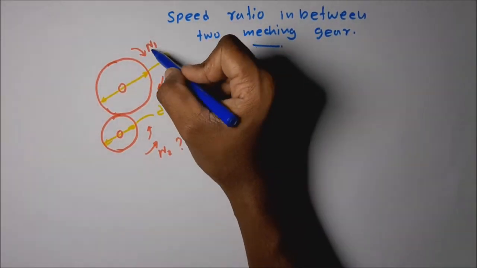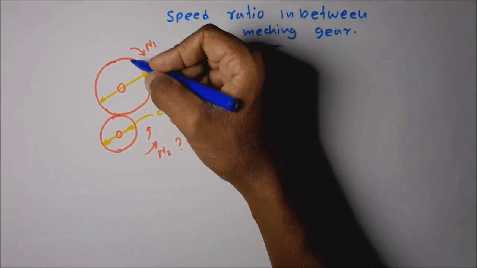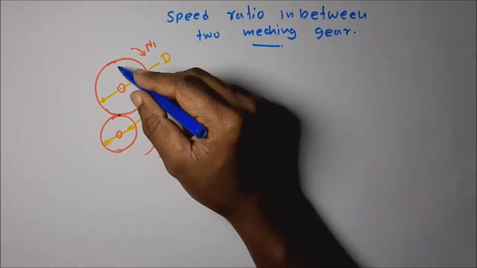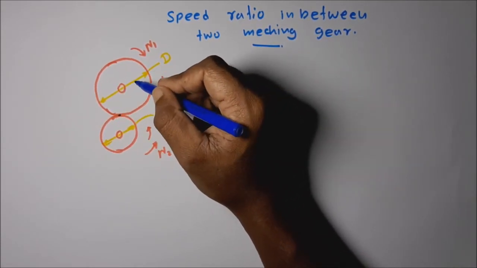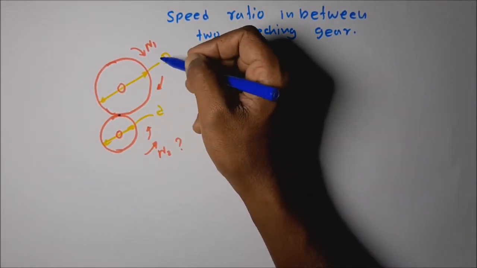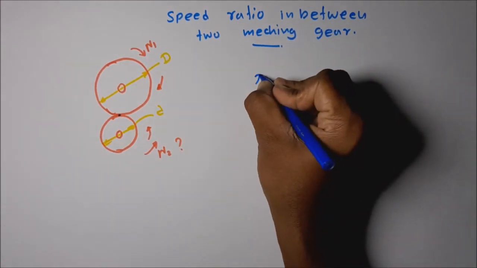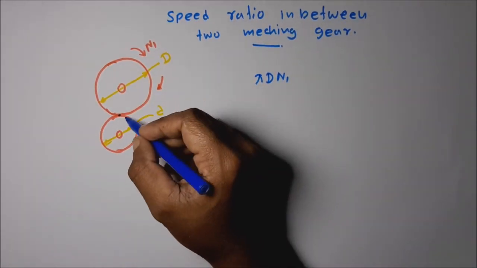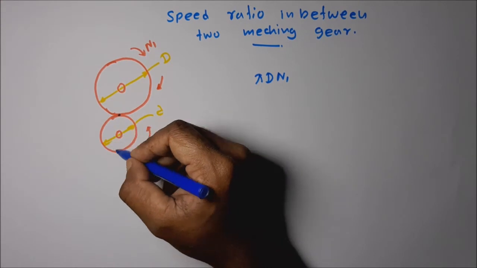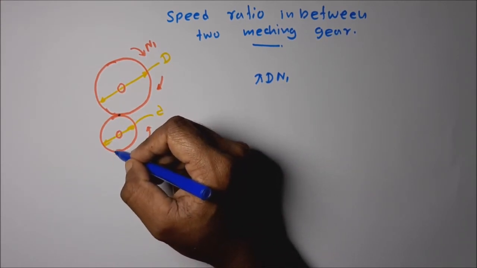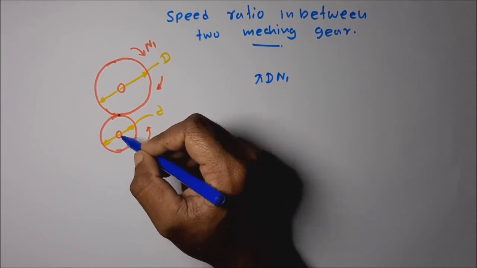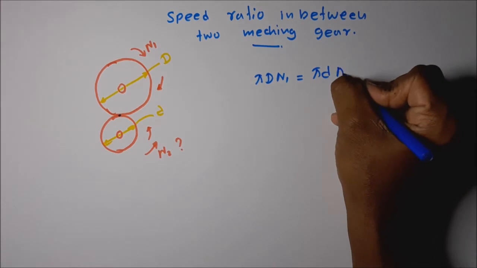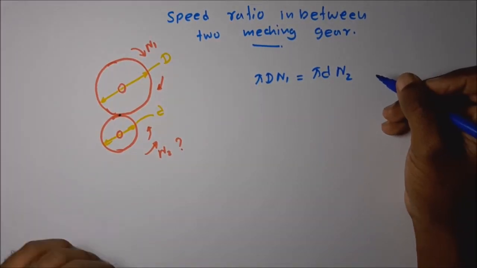Okay. This is rotating with N1 speed. Think in this way. What is the circumferential length it travels? For one revolution, the circumferential length is πD. For N1 revolutions, πD N1. That circumferential length should equal the circumferential length of the smaller roller also, because there's no slip.